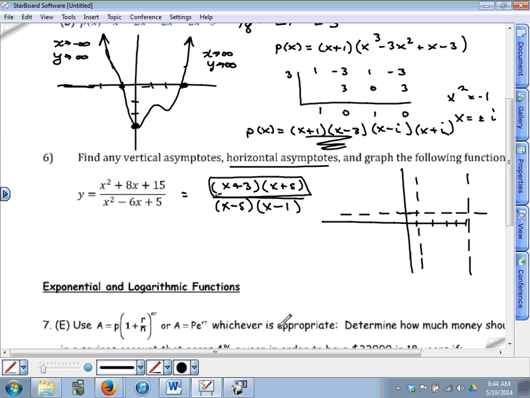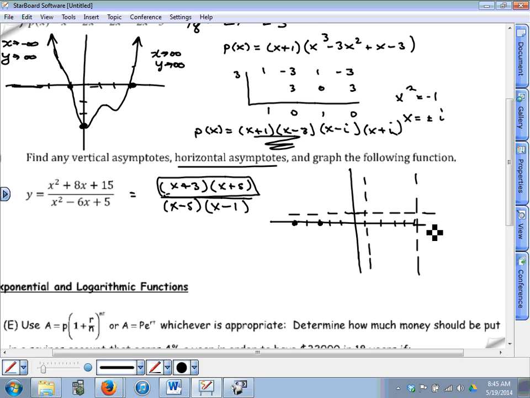Now, the numerator. What does that give you? The x-intercepts. So we have an x-intercept here and another one here. Okay.